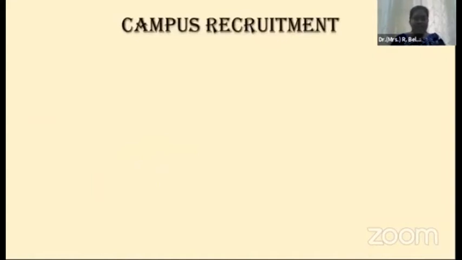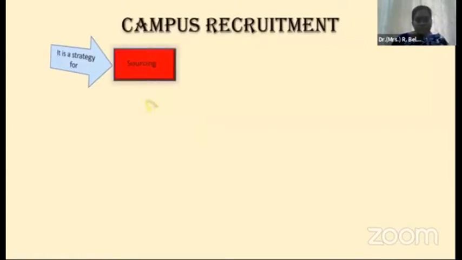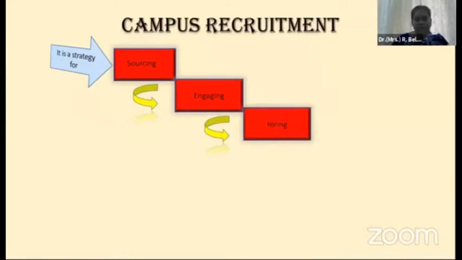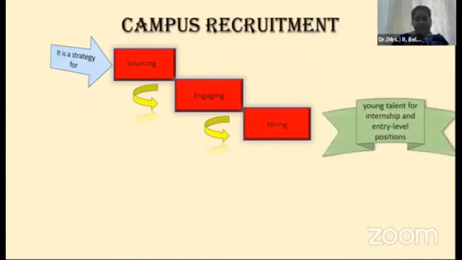What is campus recruitment first? It is a strategy for sourcing, for engaging, for hiring young talents, for full-time job, as well as for internship.